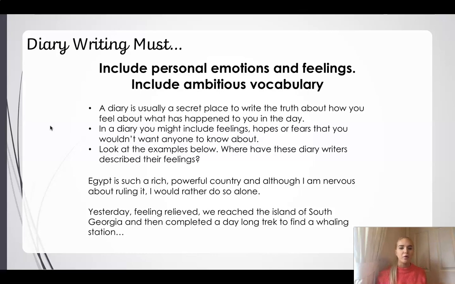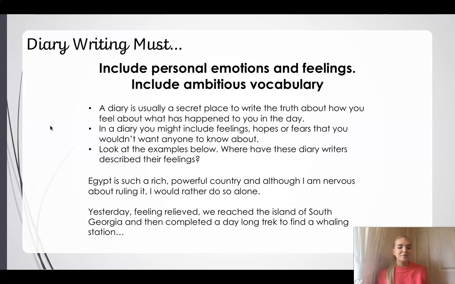You write the truth about what has happened to you in the day. So you must include how you're feeling. If you hope for anything to happen, or if you're worried or fearful about something. Because usually a diary is for you and you only. No one else is going to really read it, apart from me in this example, in our lessons, okay?